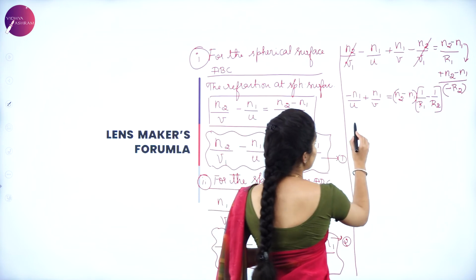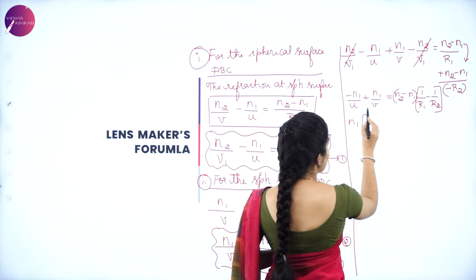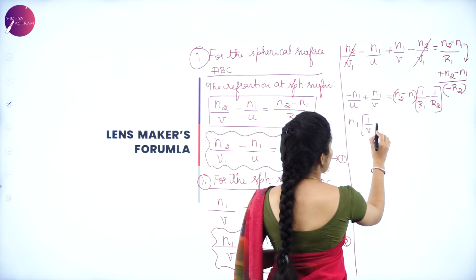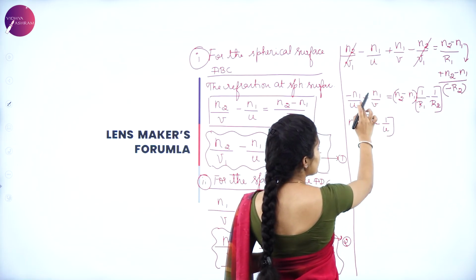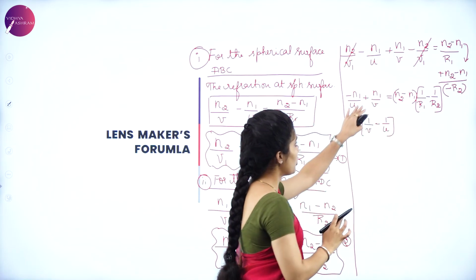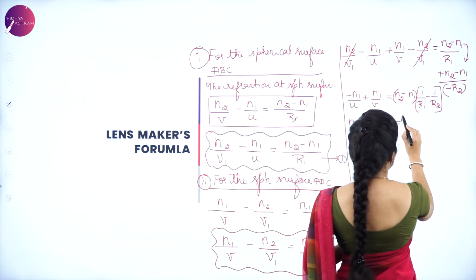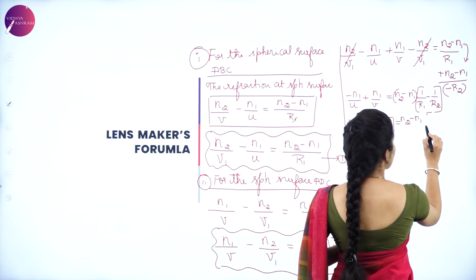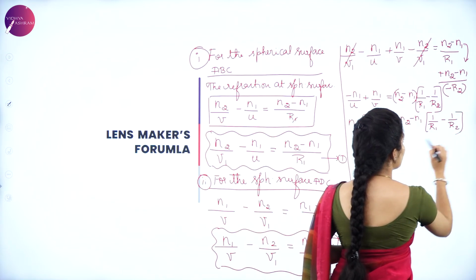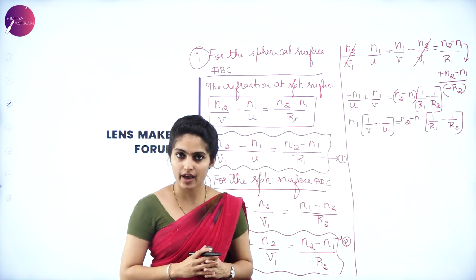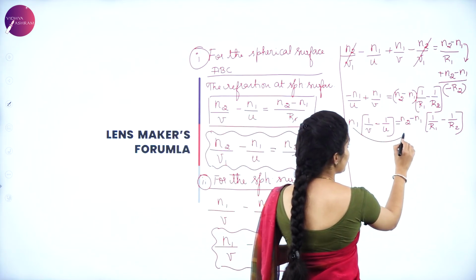Next, N1 is common, which is taken out. So it is 1 by V minus 1 by U, considering the positive sign first and the negative sign next, and the common term of these two is N1, which is equal to N2 minus N1 into 1 by R1 minus 1 by R2. Now N1 is taken to the denominator.